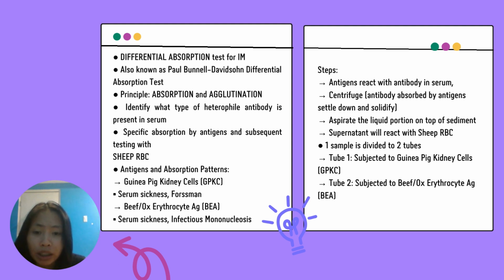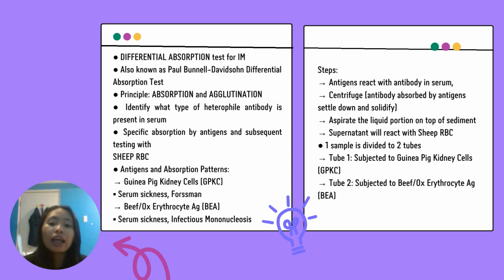If the supernatant from the guinea pig kidney cell incubated aliquot agglutinates the sheep red blood cells, it indicates that Forssman antibodies were not absorbed by guinea pig and are therefore present in the serum. This suggests that the patient does not have infectious mononucleosis.